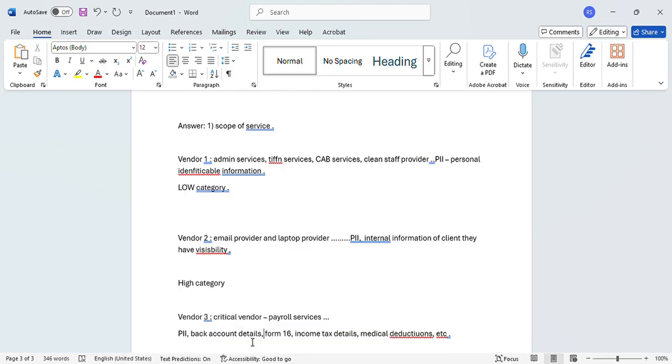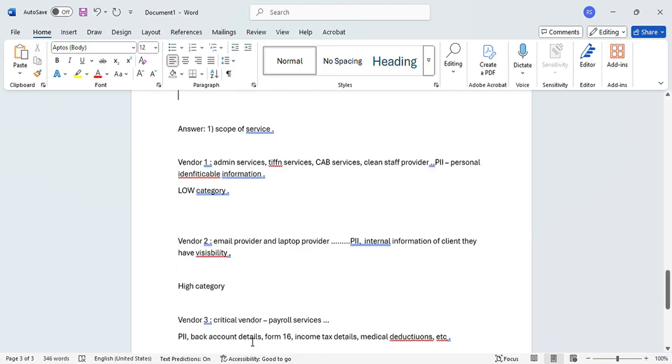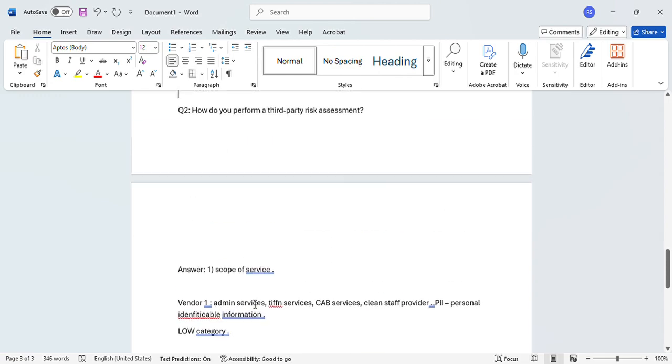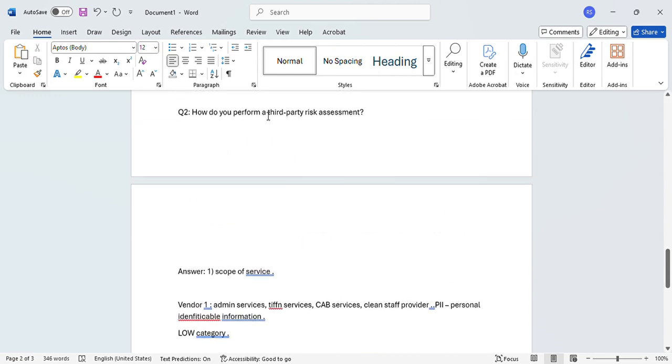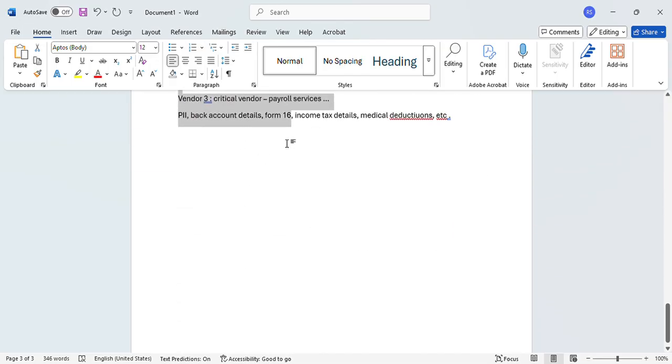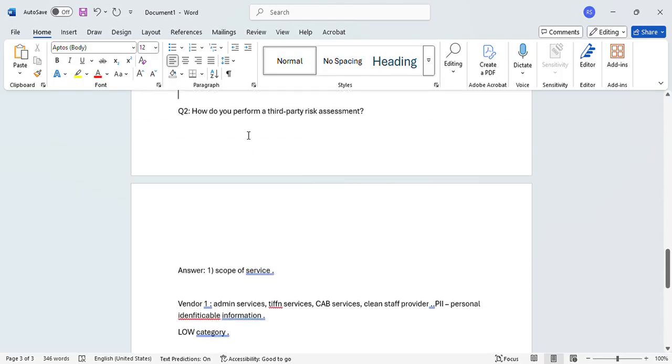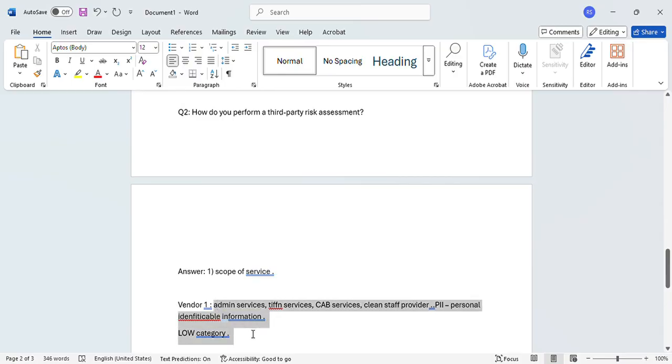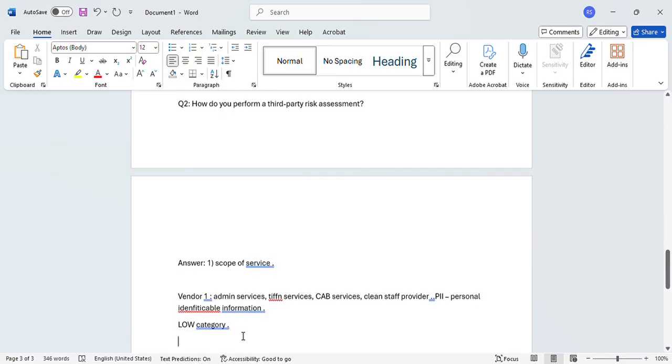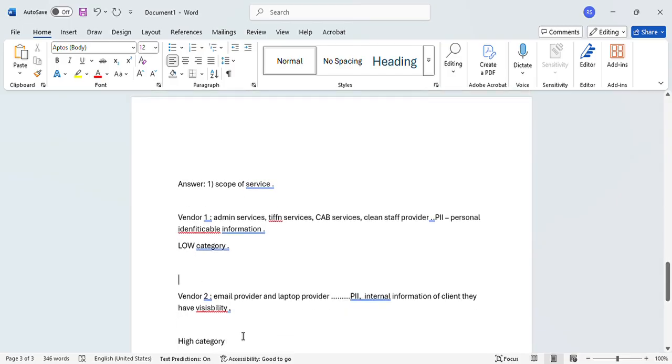I hope you got the point. So if I come back to my question, how do you perform a third party assessment? I will discuss all the 3 vendors, that is where we can start. That's why I took different severity categories of vendor. Vendor 1, you can see is very liberal; the data they are collecting is treated as a low category.